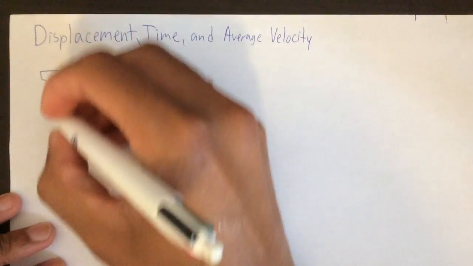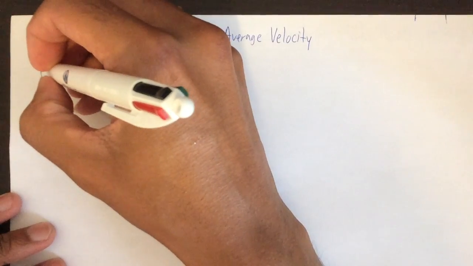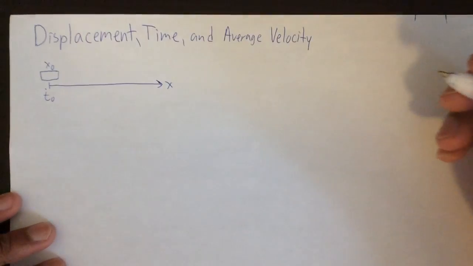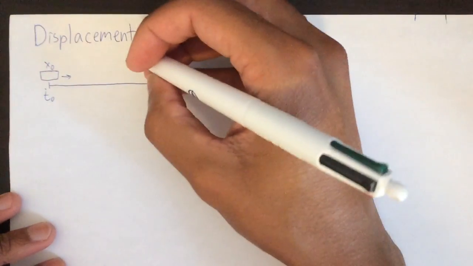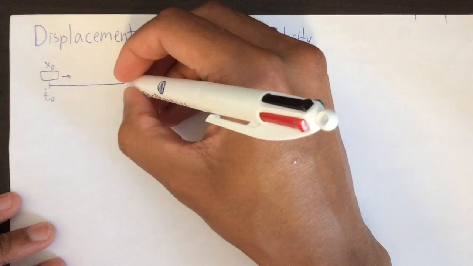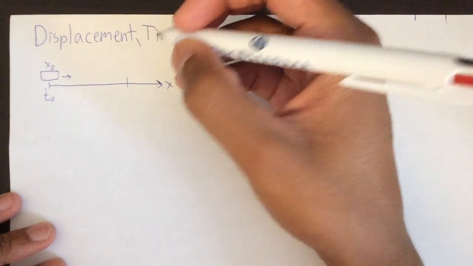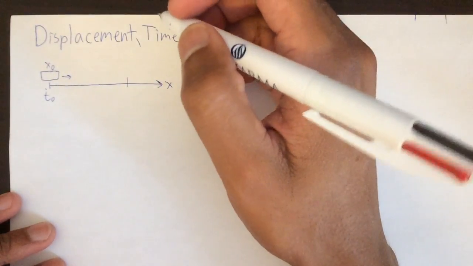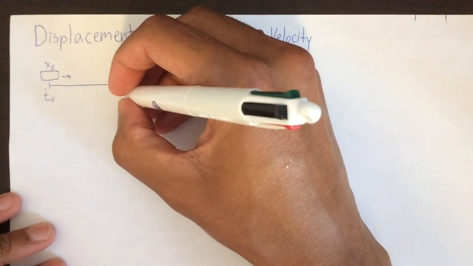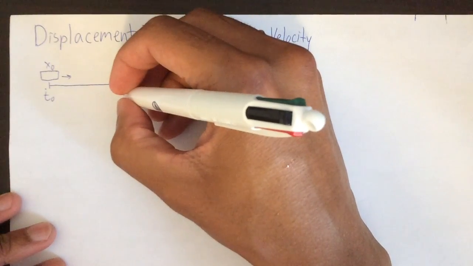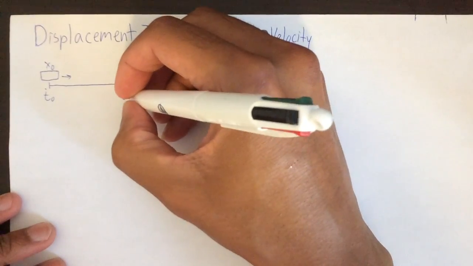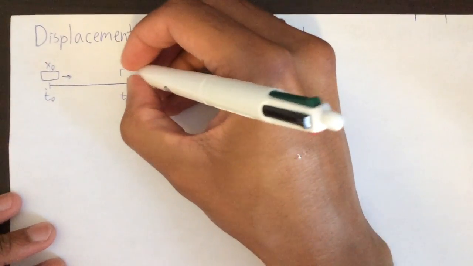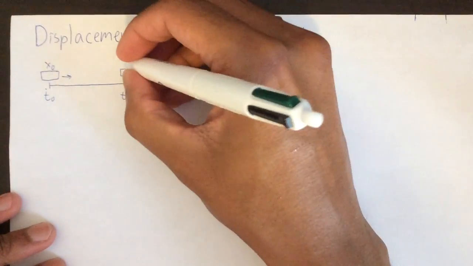So at time t equals 0, the car is at position x naught, and let's say the car starts going this way, and let's say 5 seconds go by, or some time goes by, and now at t1, the car is now at this new position x1.